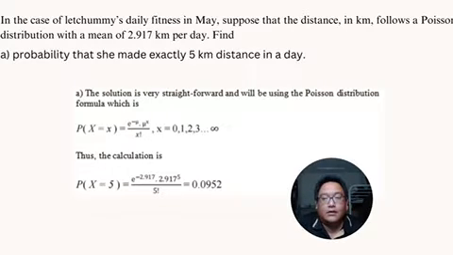Thus, the calculation is probability of x equals 5 equals e to the power of negative 2.917 times 2.917 to the power of 5 over 5 factorial, which equals 0.0952.